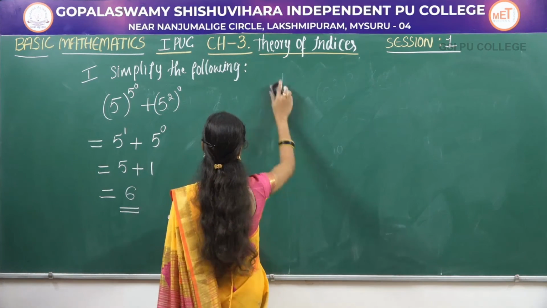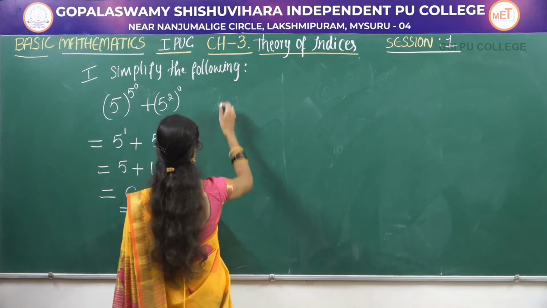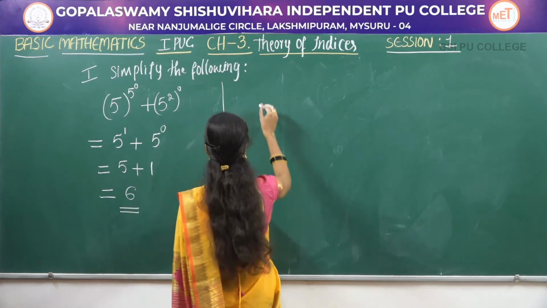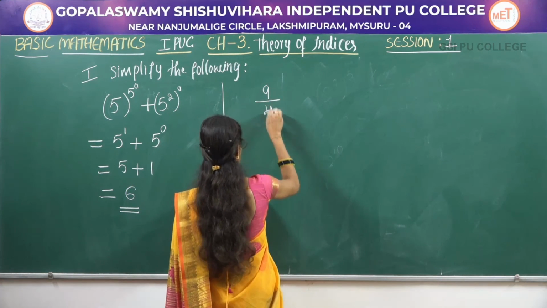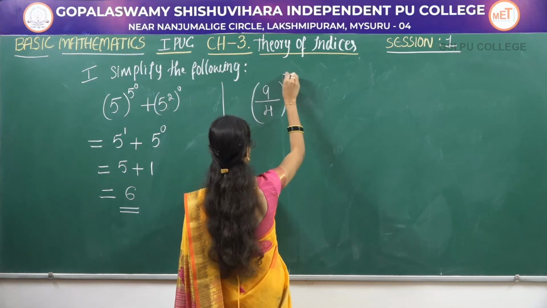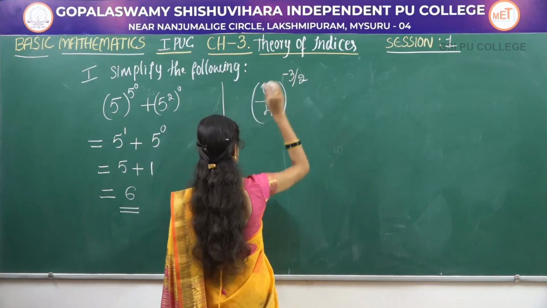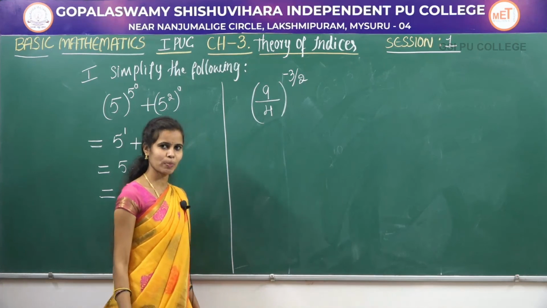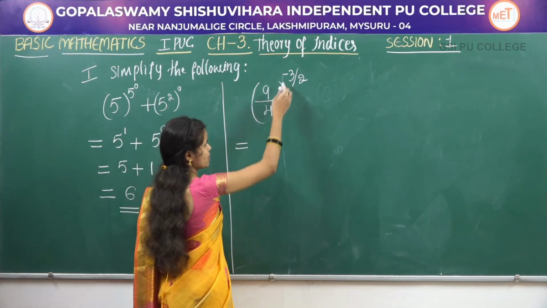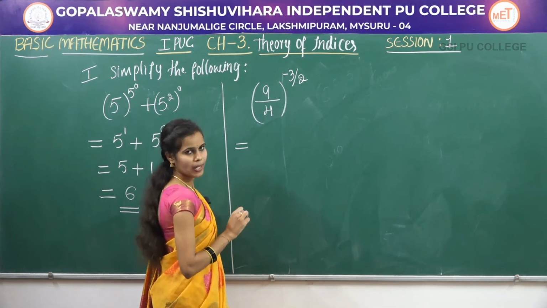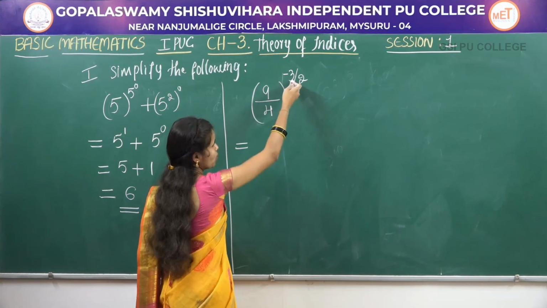Okay, next question: 9 by 4 whole to the power of minus 3 by 2. Here observe, we have a negative value in the power, so make it positive.